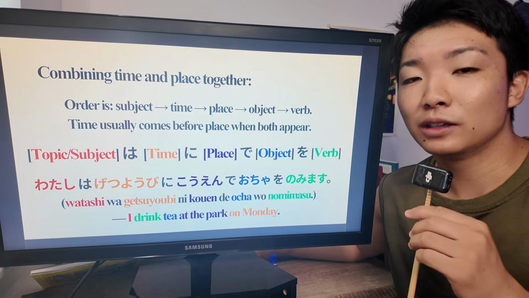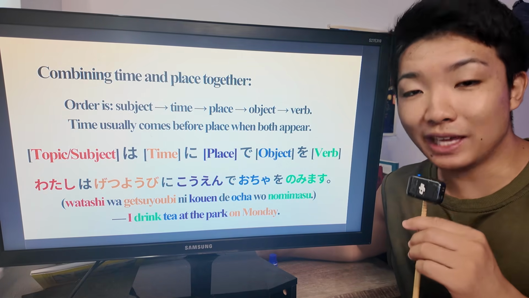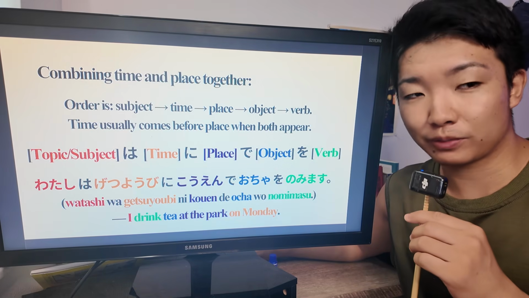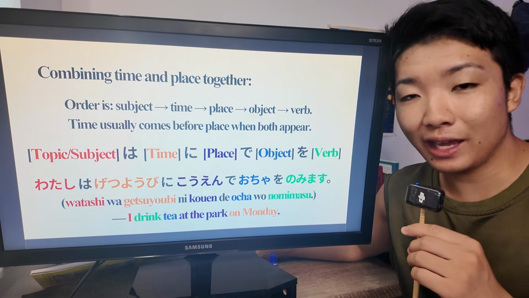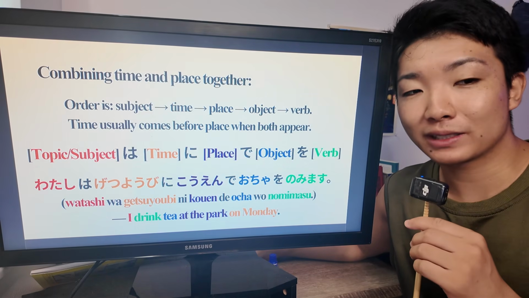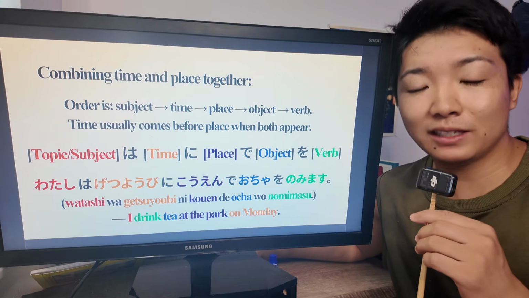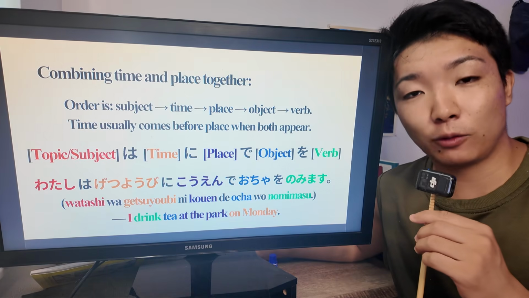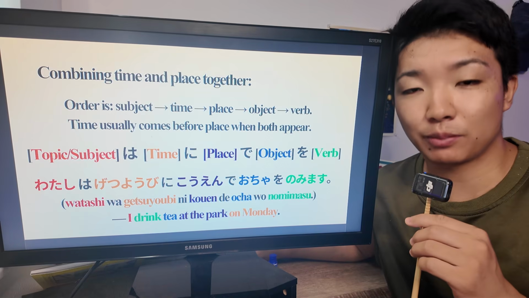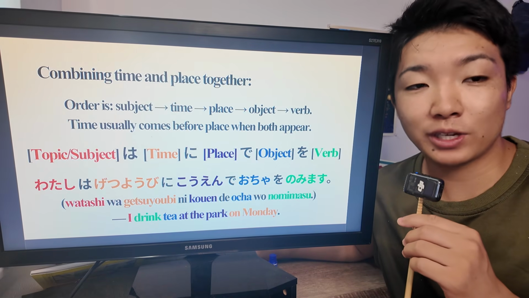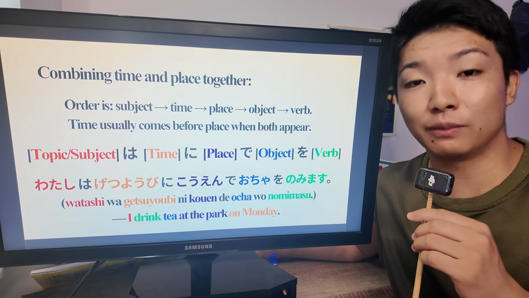So for example, topic subject は time に place で object を verb. 私は月曜日に公園でお茶を飲みます. I drink tea at the park on Monday. 私, subject, I. 月曜日, time, on Monday. 公園, place, at the park. お茶, object, tea. 飲みます, verb, to drink. Make sure the verb comes at the end.